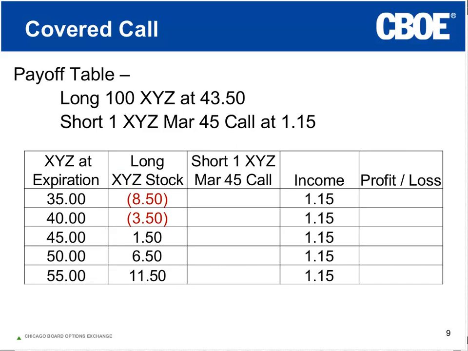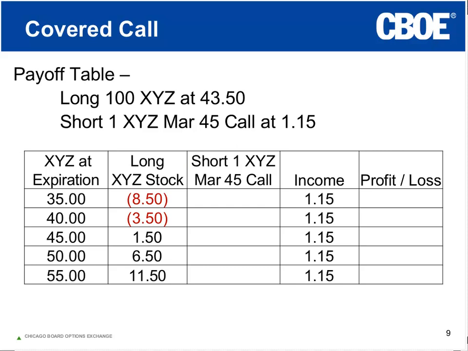Now let's take a look at the March 45 call. At expiration, the March 45 call is going to have value as long as XYZ is above 45. Now, the tricky piece to this one is we have a short position in this call option.